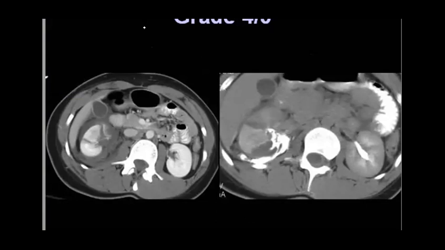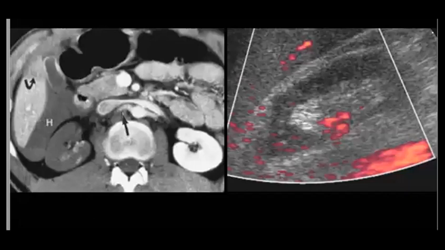Okay. What happened here? Yes. You can see the injury here, the main renal artery.